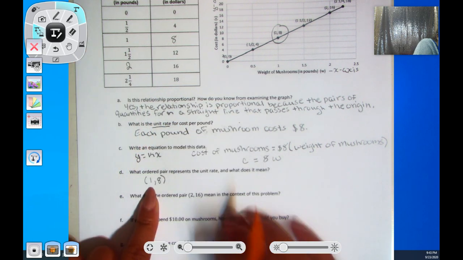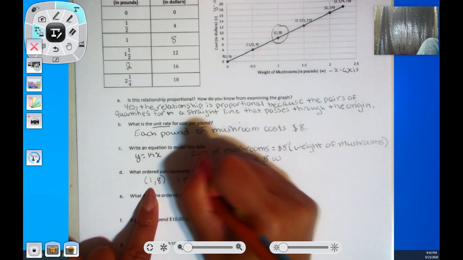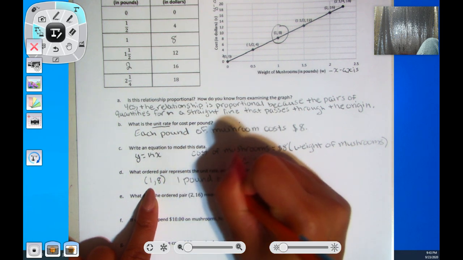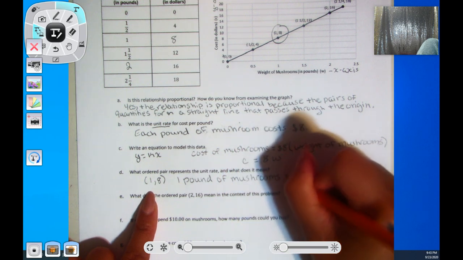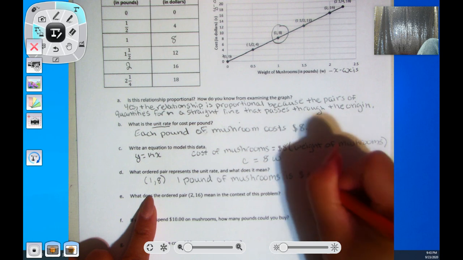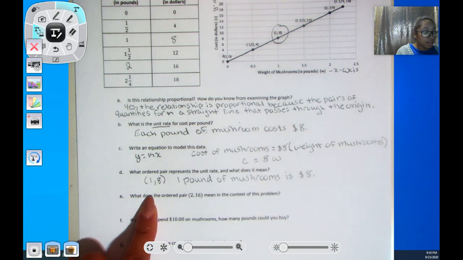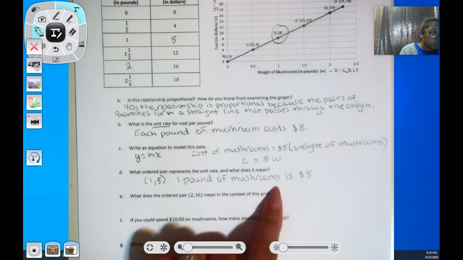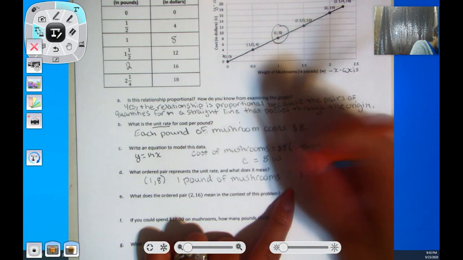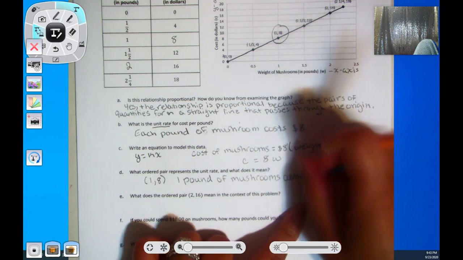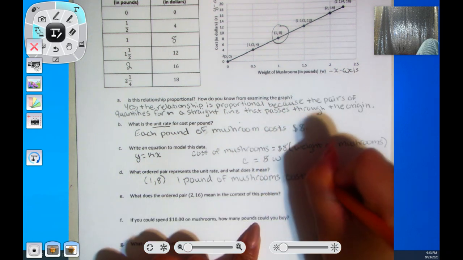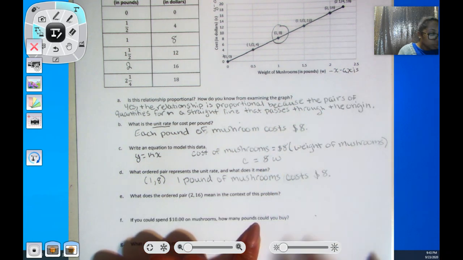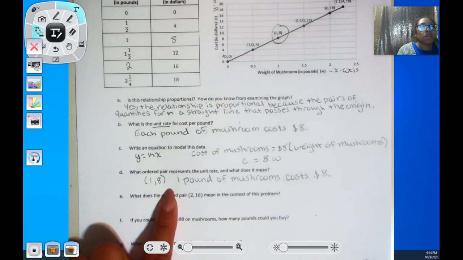Well, it represents that 1 pound of mushrooms costs $8. That's what this ordered pair represents.